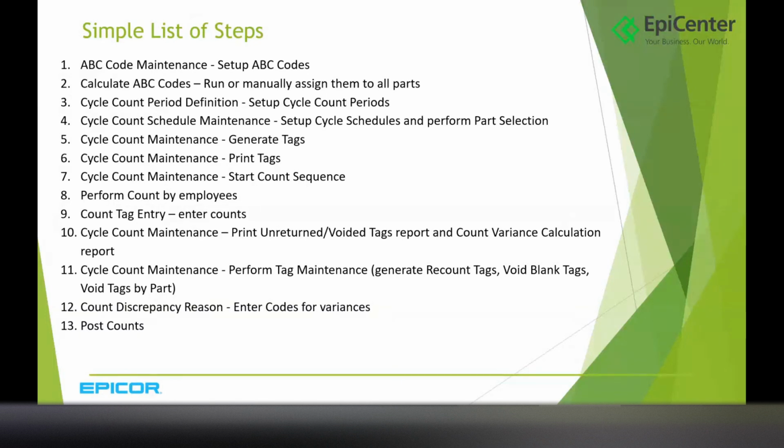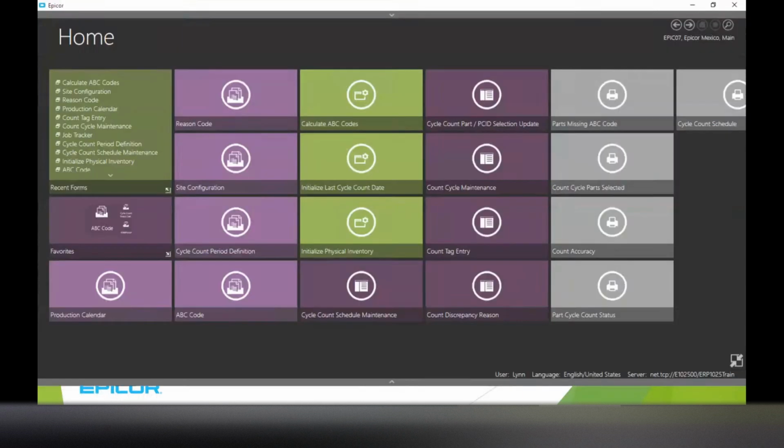And then you're going to look at your count variance calculation screen to decide, do I need to resend people out and recount tags? When you're done, you go to the count discrepancy reason code, and then you post your counts. So that's a lot of steps, but once you start doing them, they go a lot smoother than the steps look. So I'm going to hop back into Epicor.